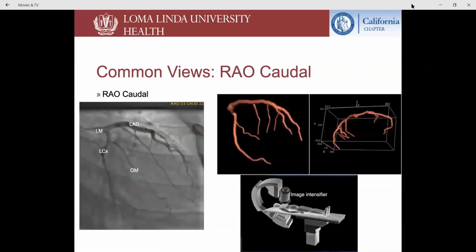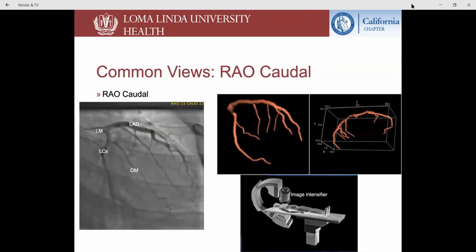RAO caudal is when the image intensifier is towards the patient's lower right side, as seen in the picture right there.